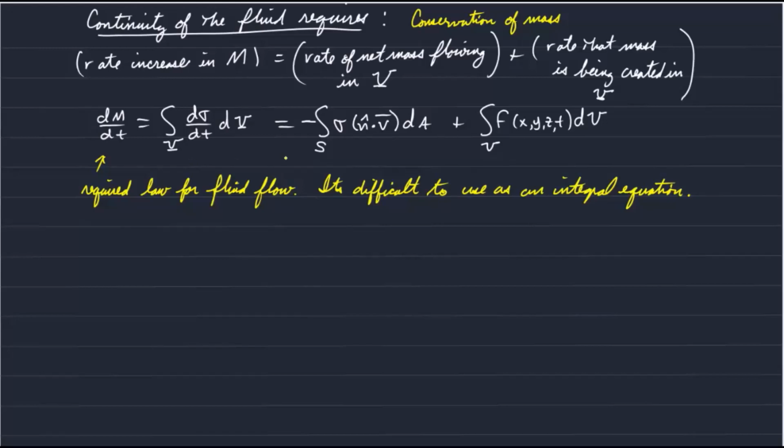Now, how do we do that? Well, you can imagine that if every integral was an integral over a volume, then we could express the whole equation as a single volume integral. But the problem is that we have this mass flux equation as an integral over the surface. But the divergence theorem allows us to convert this surface integral into a volume integral.